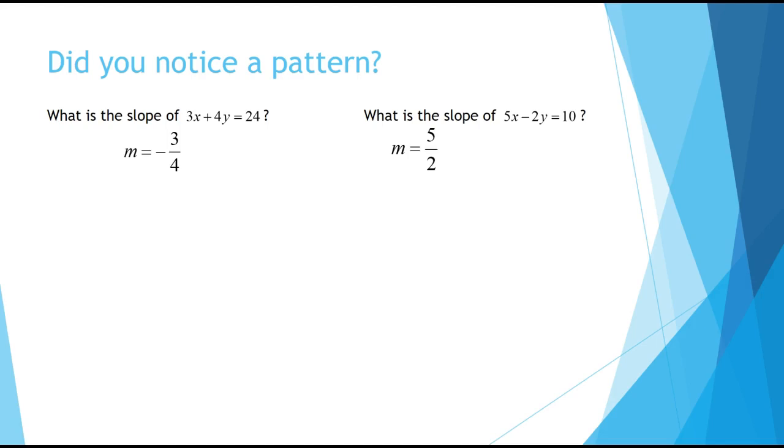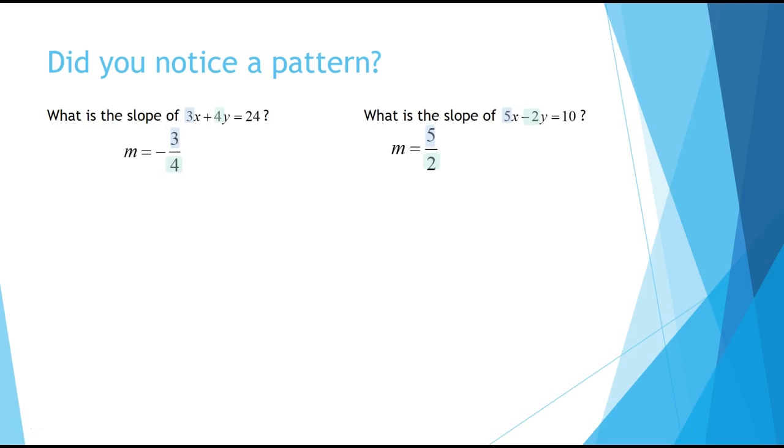Now, these numbers are appearing more than once. I see the 3x plus 4y. My slope was -3/4. I see the 5x minus 2y, and I see that we've got 5 and 2. So the coefficients of the x's are kind of showing up in my numerator, and the coefficients of my y's are kind of showing up in my denominators.